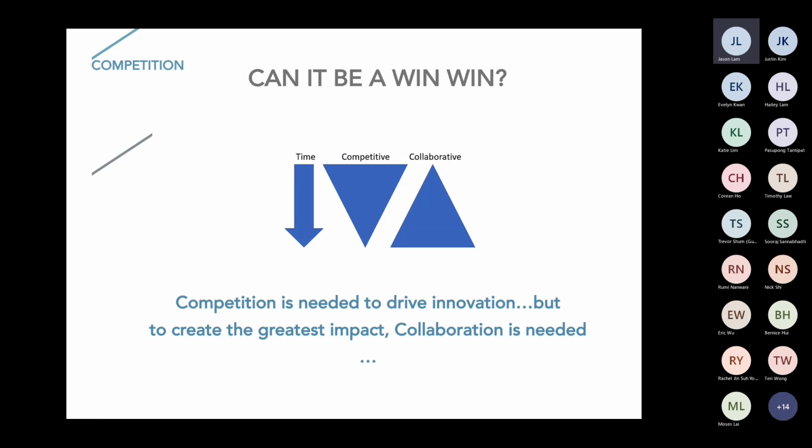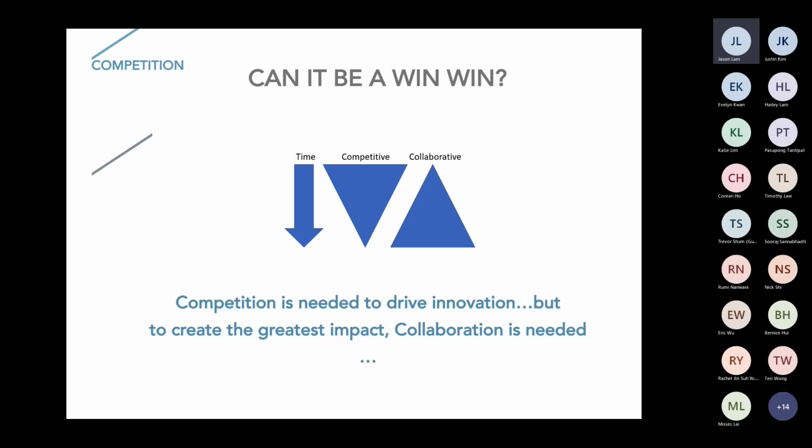It's actually a lot of times about collaboration, because the problems you're trying to solve are far, far bigger, and having just your team alone, and not leveraging the work that other people have done, is going to be a big disservice to the community that you're trying to impact.